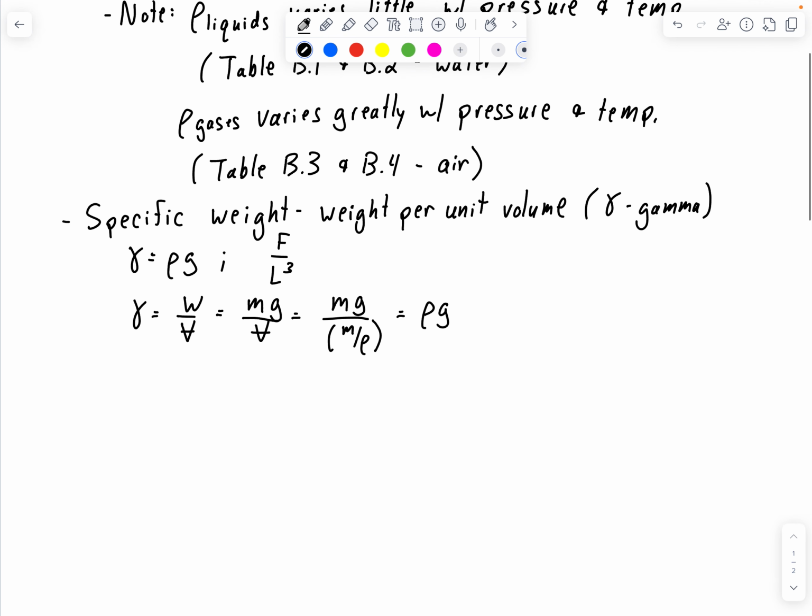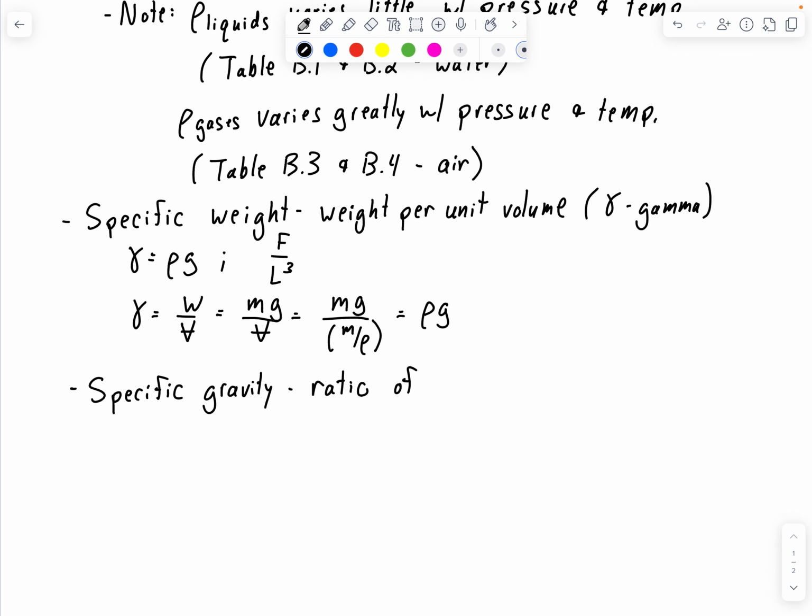The third property here is called the specific gravity. And it's very common for students to get the specific weight and specific gravity confused, so it's important that you know the difference between these. So the specific gravity is a ratio.